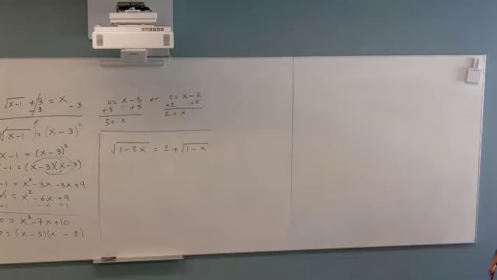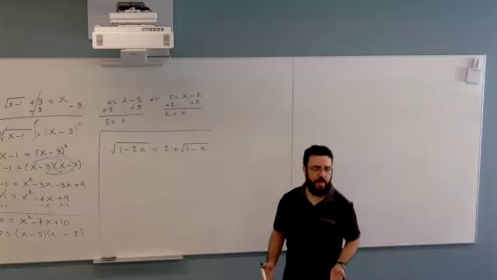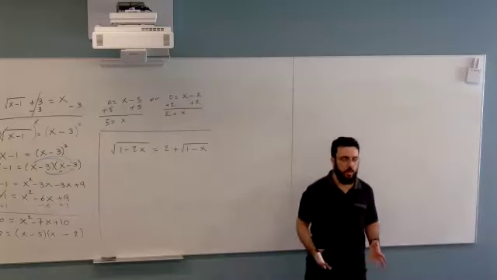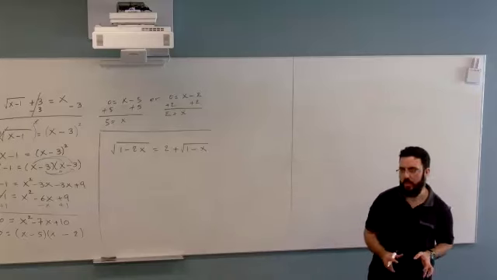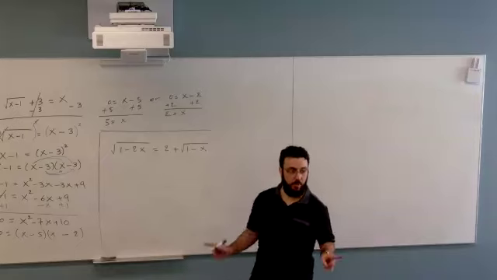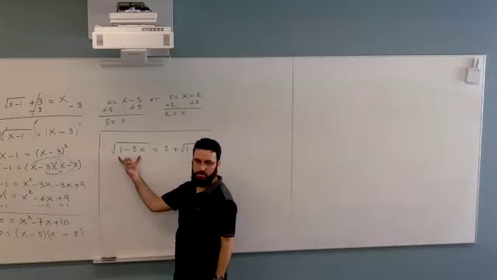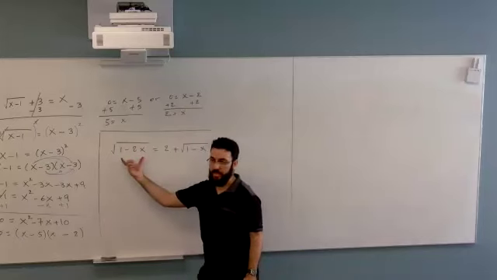How do we go from this one? You can't isolate the radical by itself because we have two radicals. So we have to choose one to keep on one side, and based on that, you're going to raise both sides. Now, I already have a radical on this side.